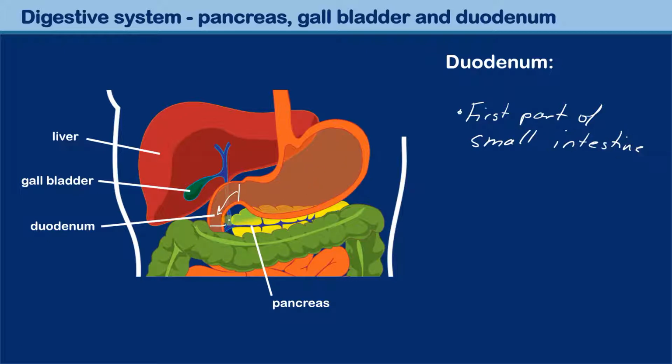And the ducts from the gallbladder and from the pancreas, they join over here, and there's a duct going into the duodenum. Okay, so it's right after the stomach, and it goes on a few centimeters into the small intestine. Okay, so this was an overview over the different organs involved in digestion.